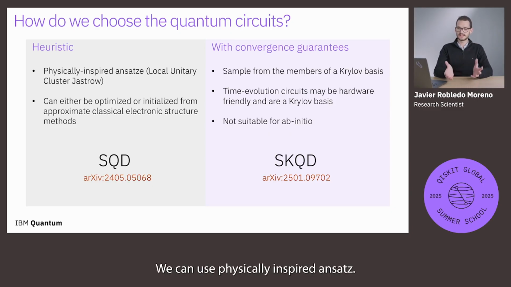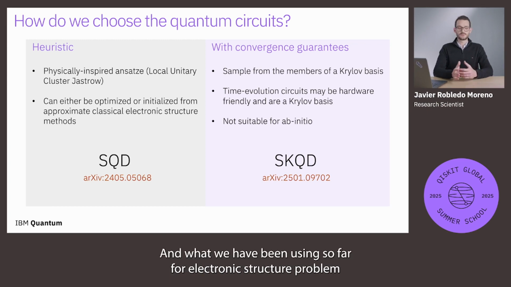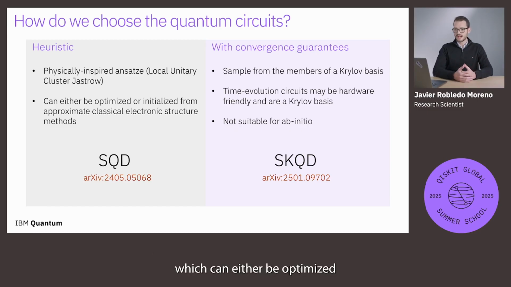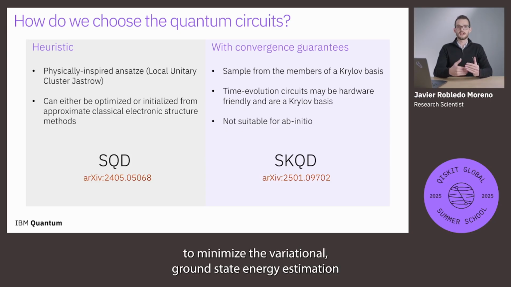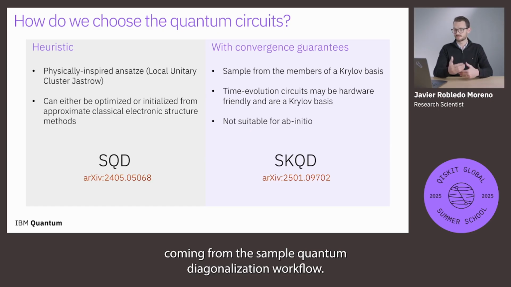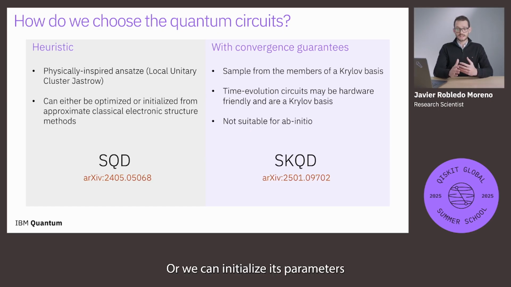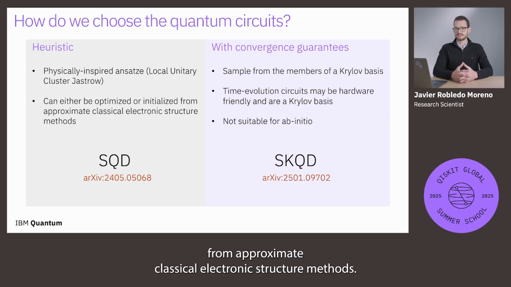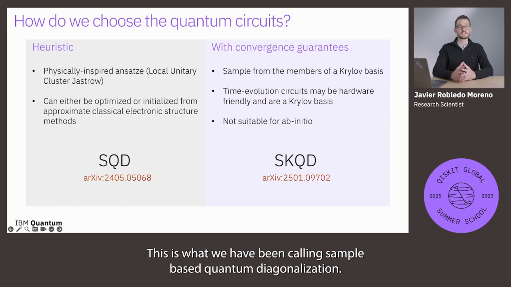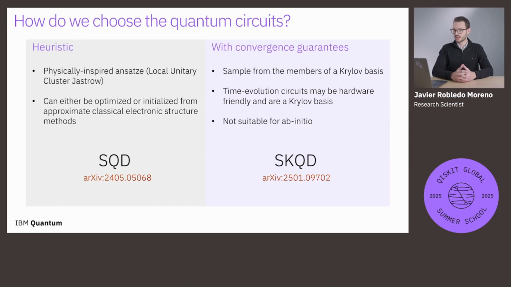We can use physically inspired ansatz, and what we have been using so far for electronic structure problems is something that is known as the local unitary cluster Jastrow circuit, which can either be optimized to minimize the variational ground state energy estimation coming from the sample-based quantum diagonalization workflow, or we can initialize its parameters from approximate classical electronic structure methods. This is what we have been calling sample-based quantum diagonalization.